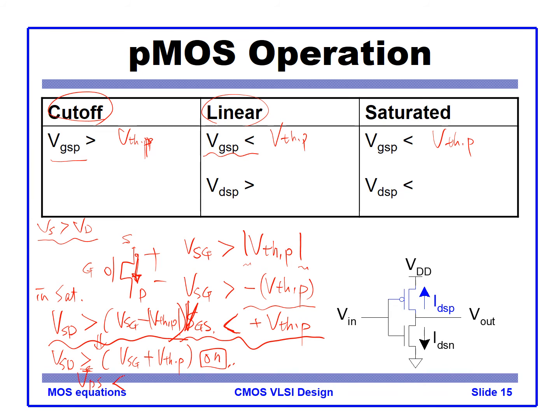So in saturation, VDS must be less than VGS minus VTHP. It's a very complicated mathematical derivation for PMOS.